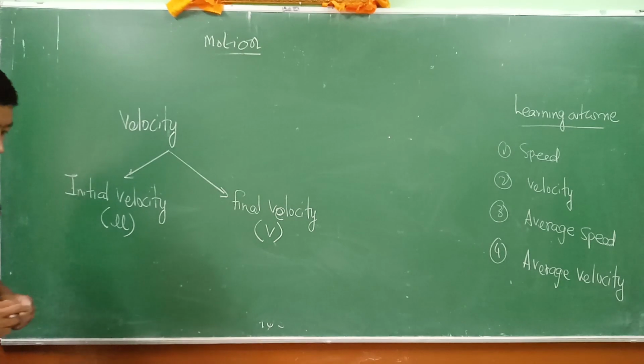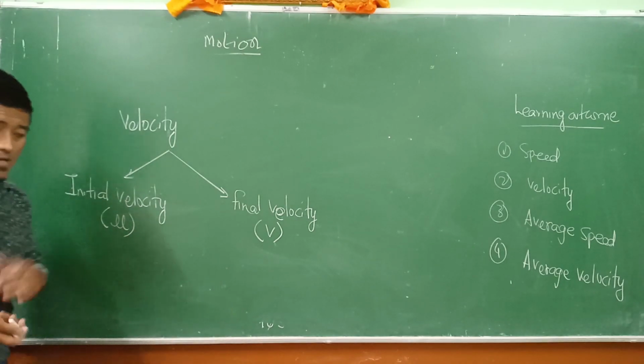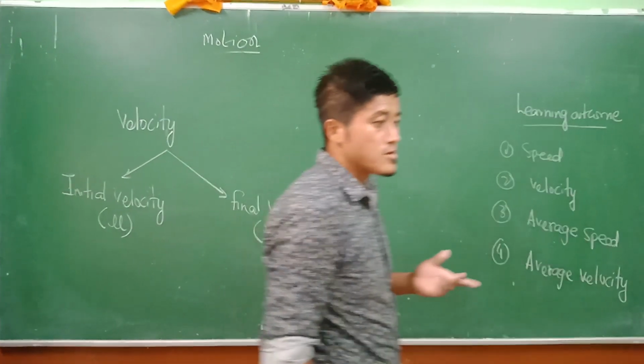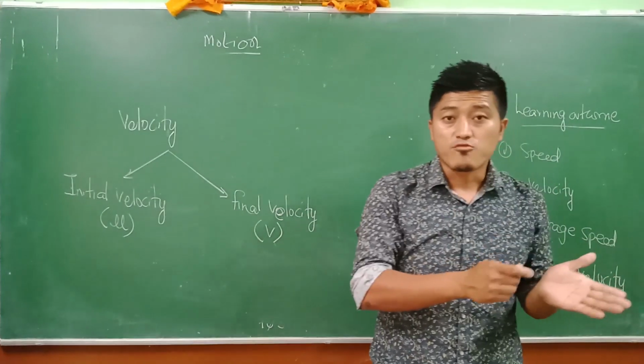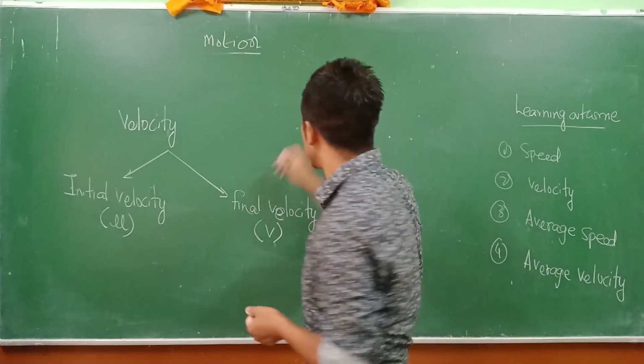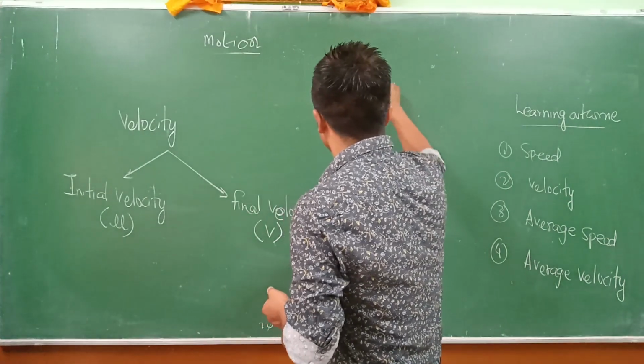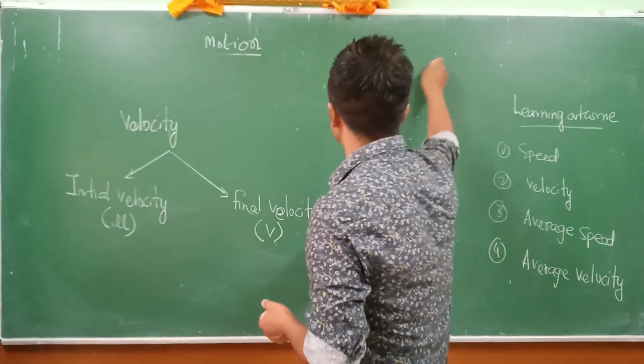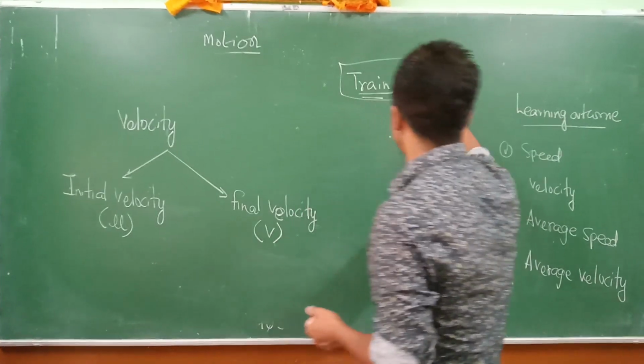Is that clear? For example, let's say a train is starting from a railway station. Let's say this is the railway station here.